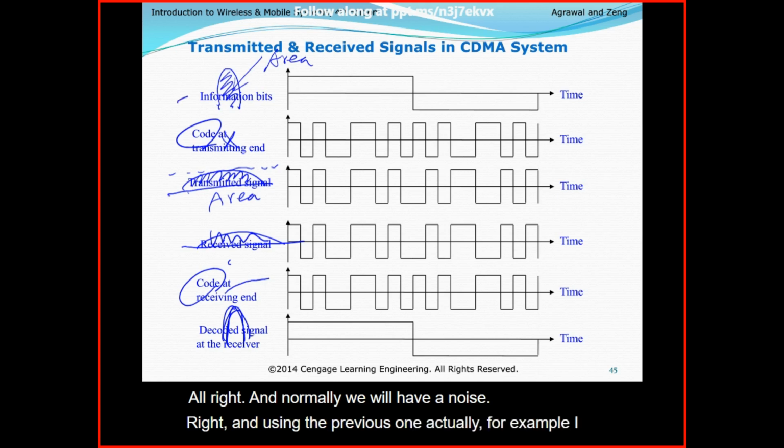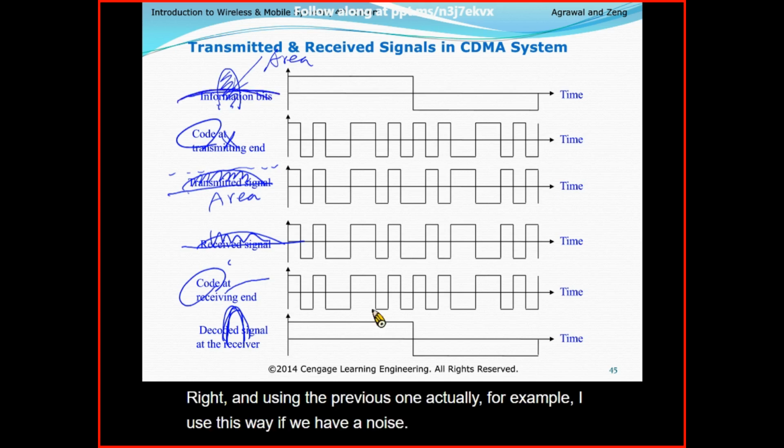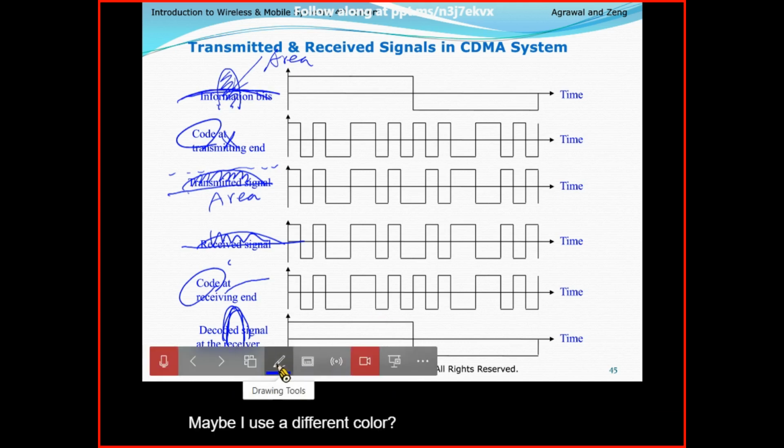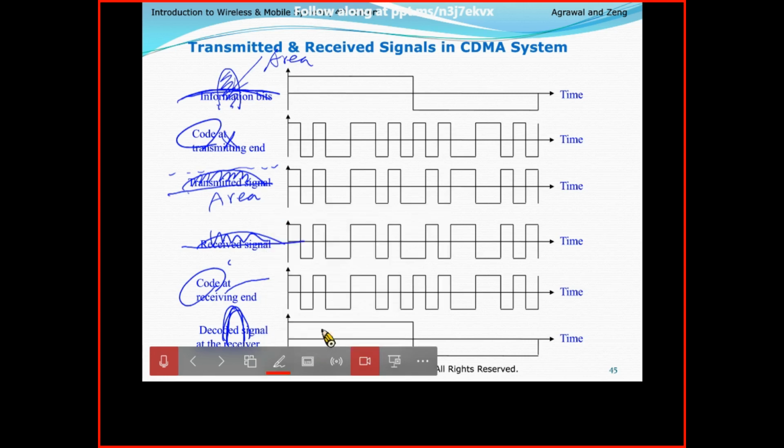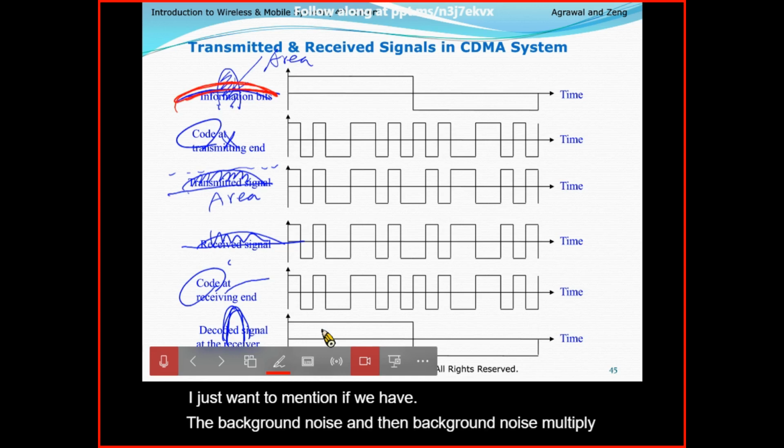If we have a noise, maybe I use a different color. I just want to mention, if we have the background noise, and then background noise multiplied by code, so something like we have this.